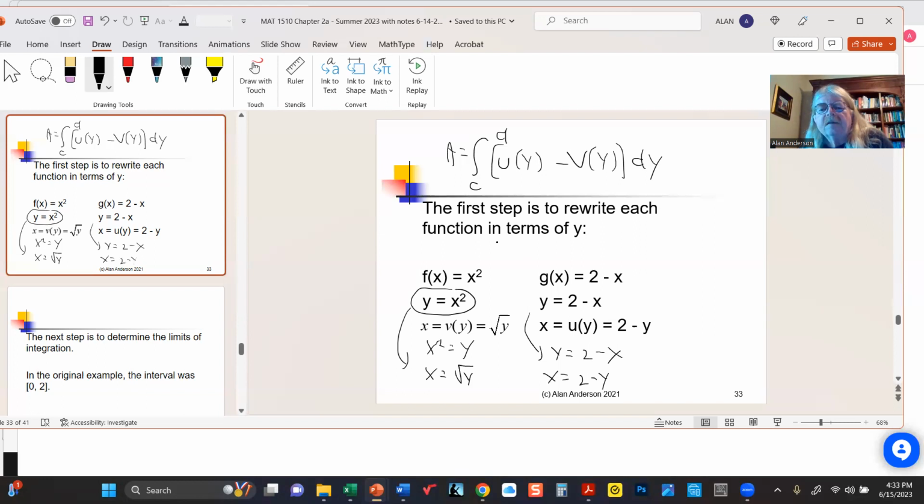And that will now become known as u of y. So we now know that u of y is 2 minus y, and v of y is radical y.